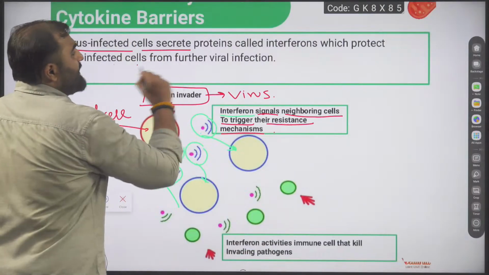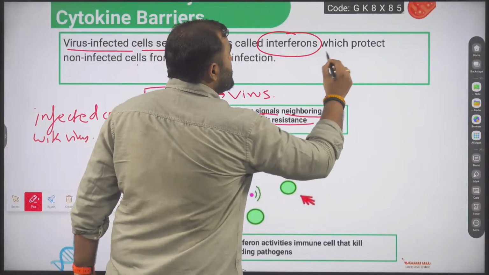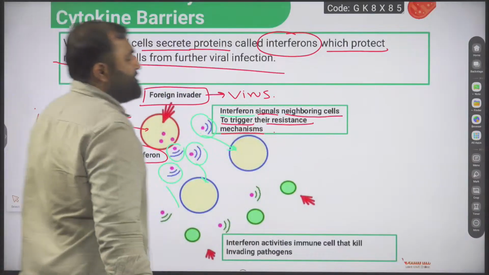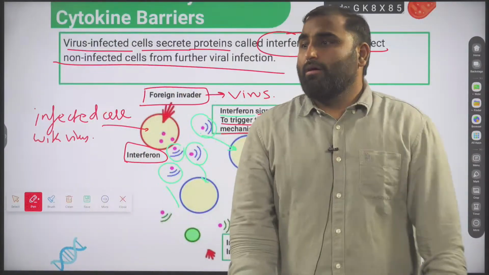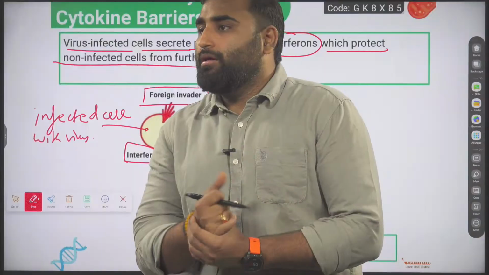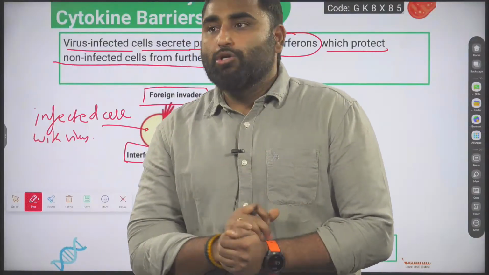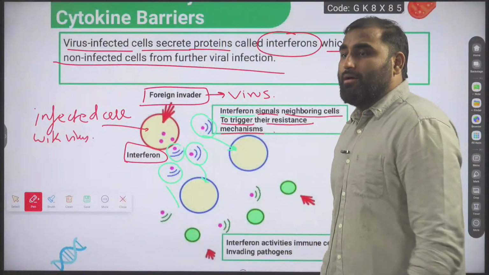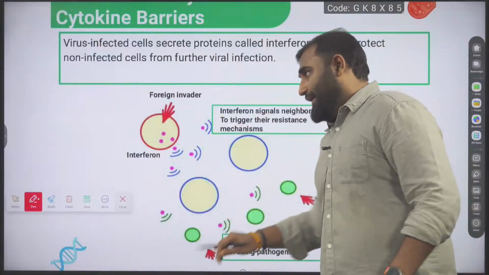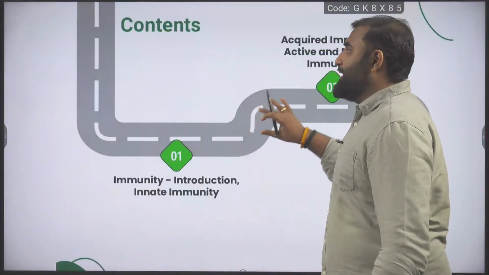Virus infected cells secrete proteins called interferons which protect the non-infected cells from further viral infection. So that is your cytokine barrier.